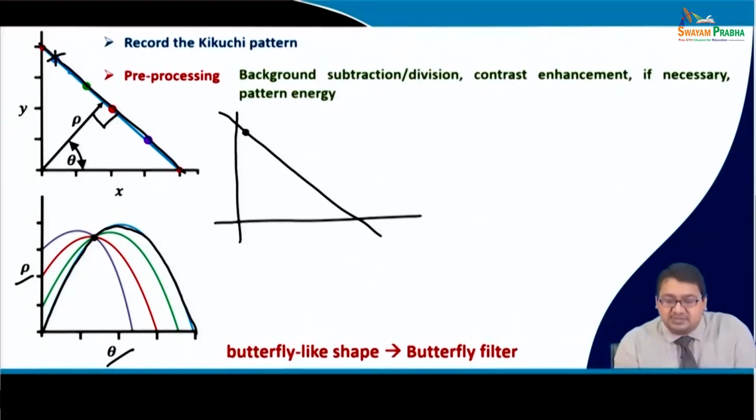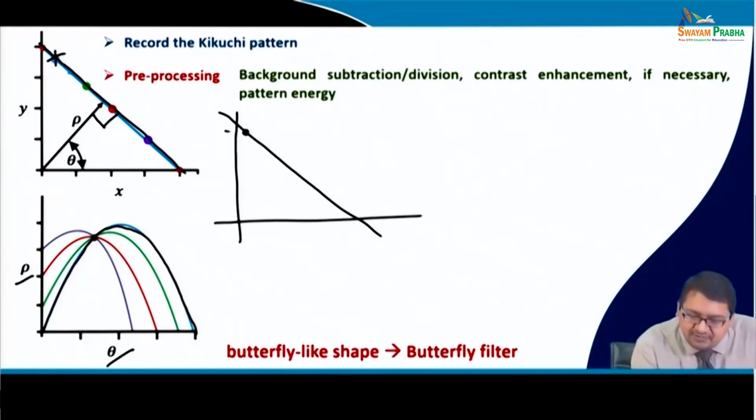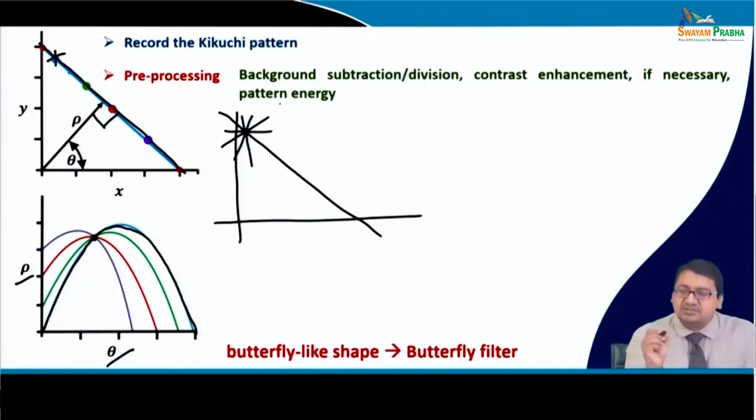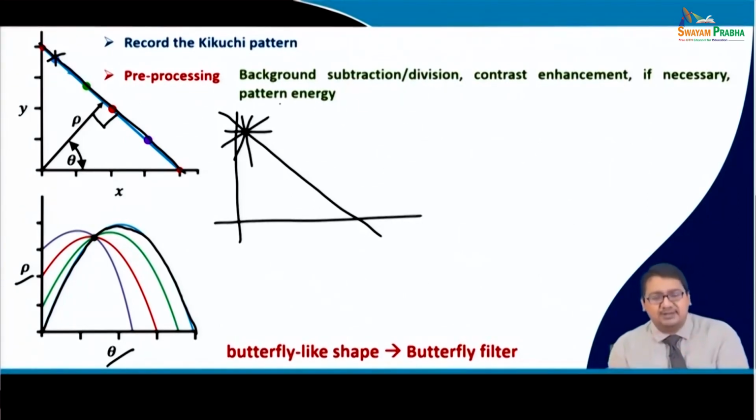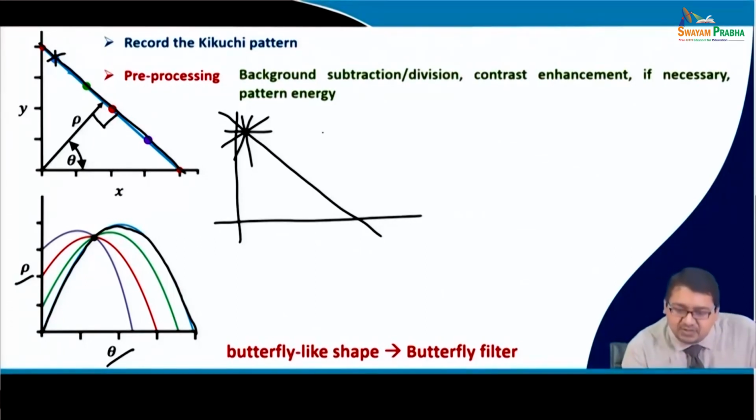And how is it so? A point in a Kikuchi pattern consists of multiple lines. It can consist of an infinite number of lines, and each of these lines will have a certain rho theta relationship.